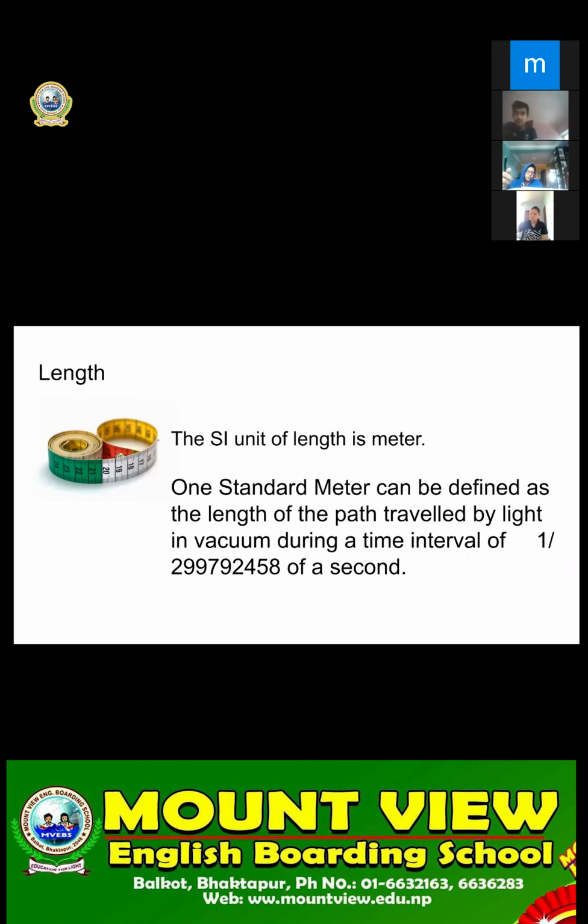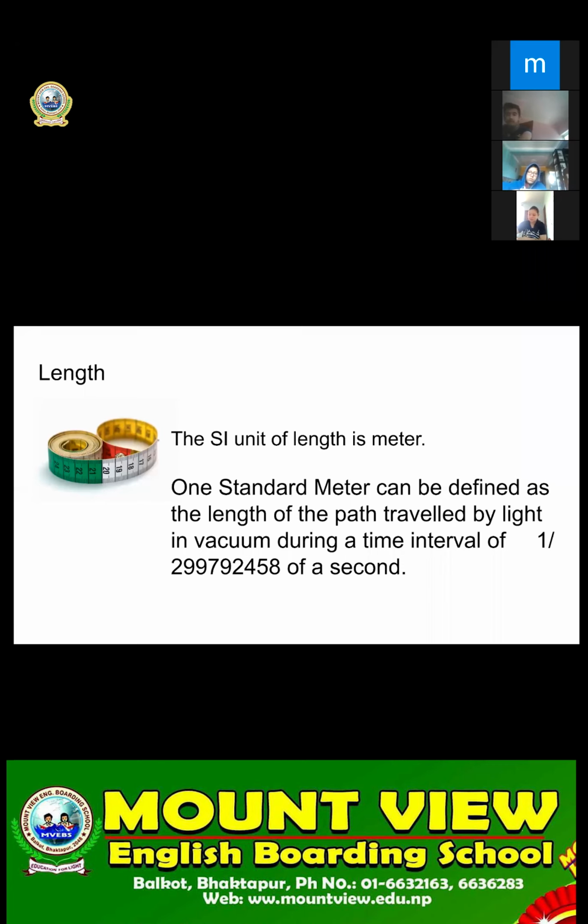In fact, the exact value of the distance traveled by light in a vacuum in 1 second is 29,97,92,458, or I can say 29 crore 97 lakh 92,458 meter in 1 second.